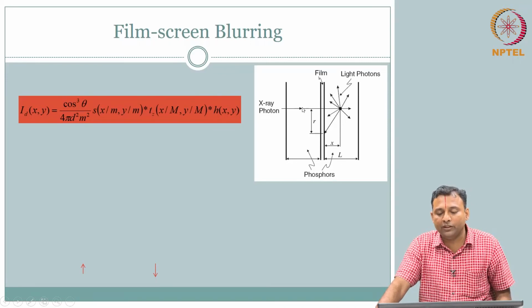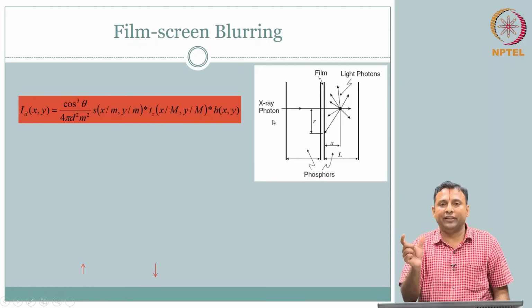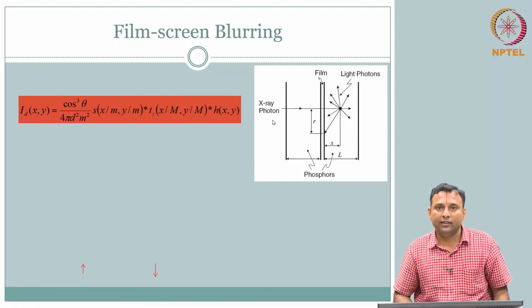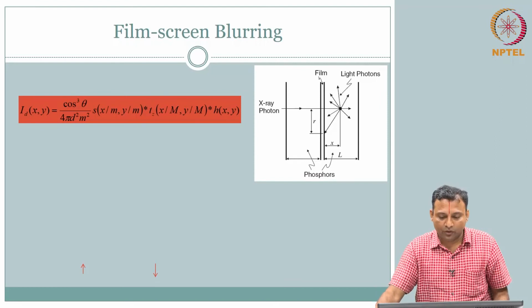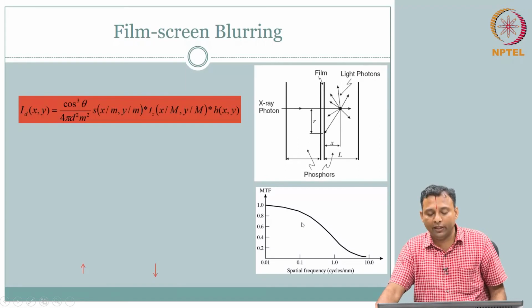H of x comma y is your screen's response, your film screen, your intensifying screen, this combination. So I can update this h of x comma y, and we already used this idea of transfer function, modulation transfer function.